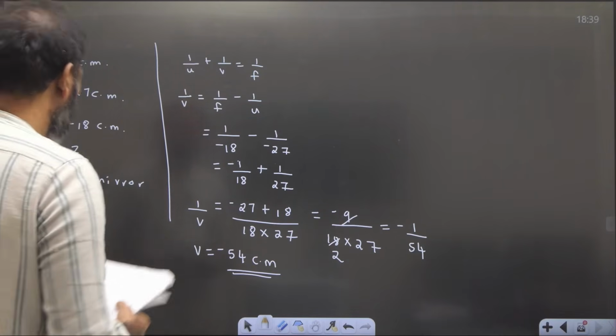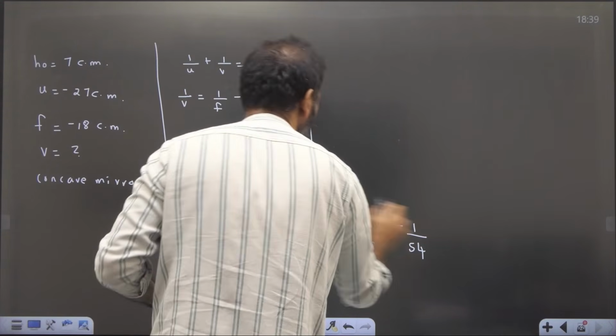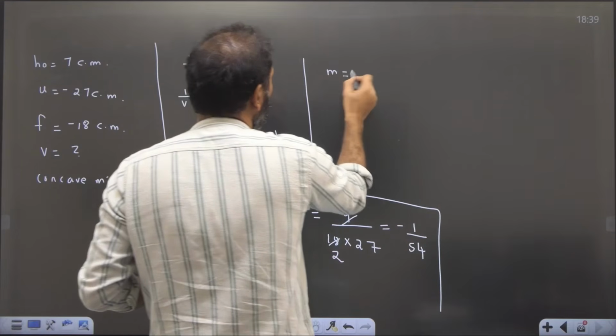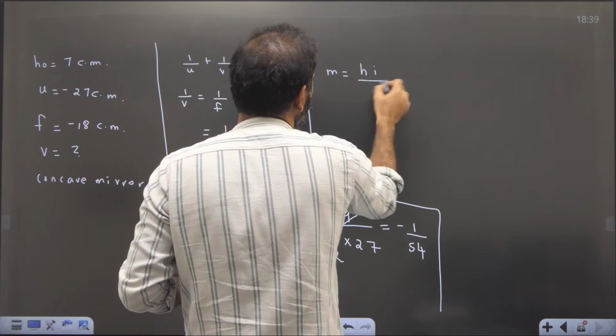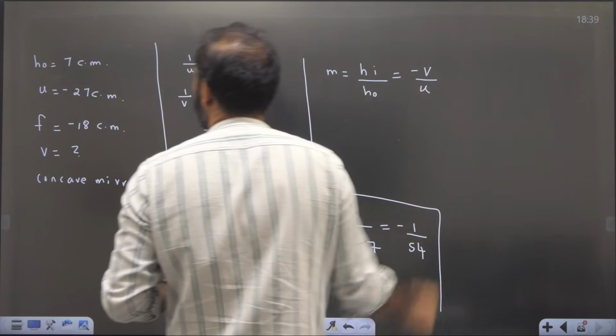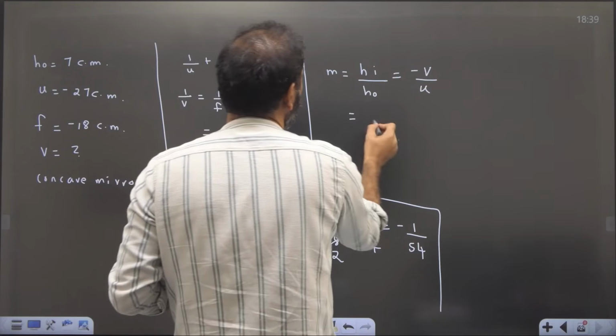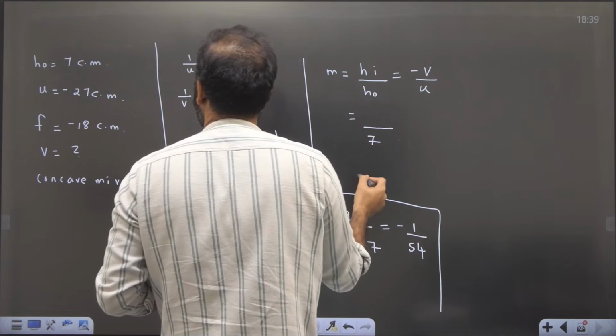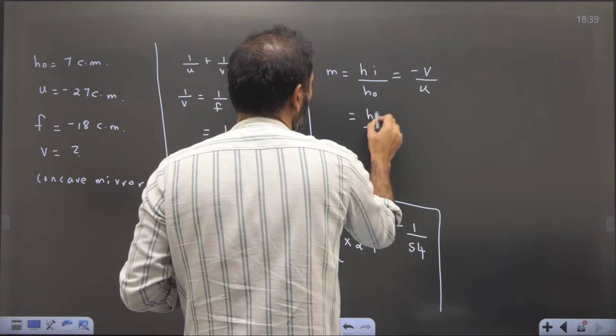Now we have to find the size of the image, right? So magnification M is equal to height of the image divided by height of the object, that is equal to minus V by U for a mirror. Height of the object is 7. Height of the image we don't know.